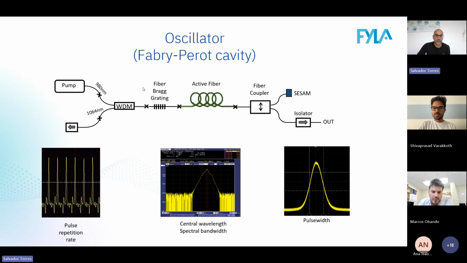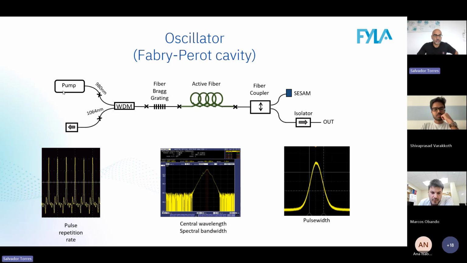The design of the cavity will mainly determine the pulse repetition rate of the pulses, which will be the same at the end when the supercontinuum is generated.